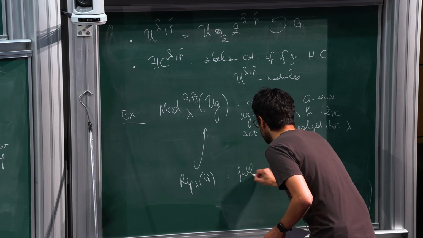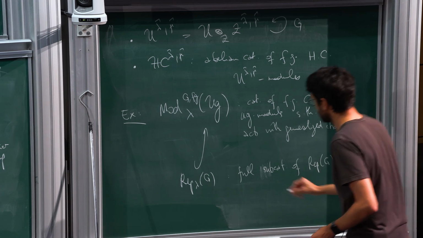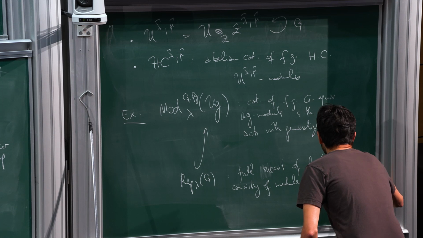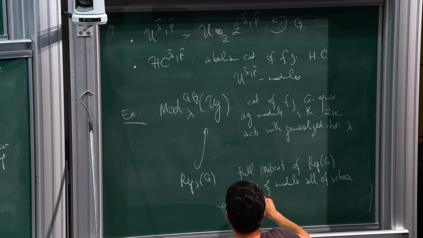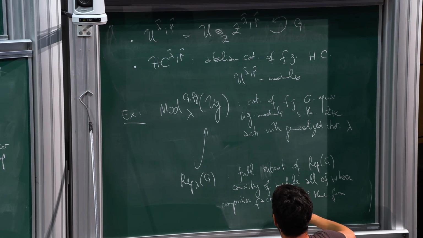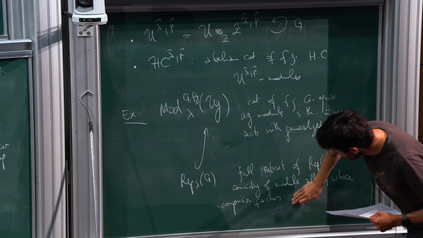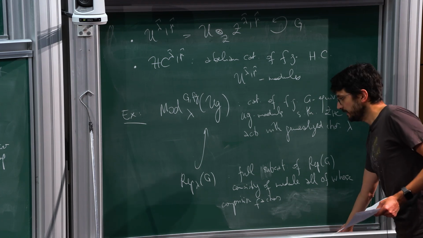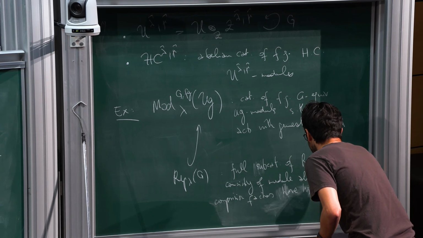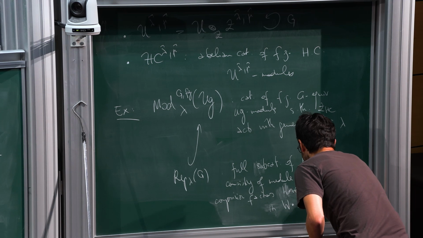This is the full subcategory of finite dimensional representations of G consisting of modules all of whose composition factors are of the form L of W dot lambda plus, so the simple objects in the category rep G are classified by the highest weight, and I want the corresponding composition factors to have highest weight in W dot lambda plus L times a character.